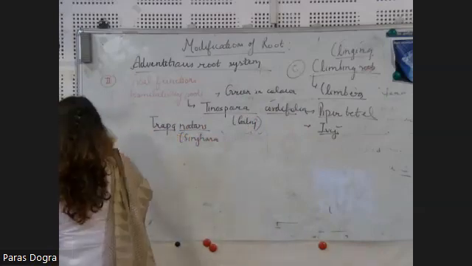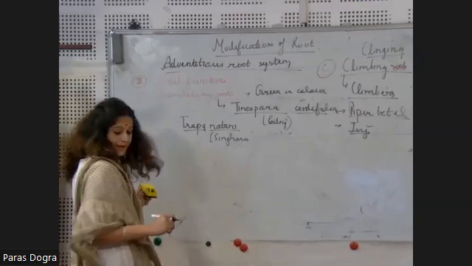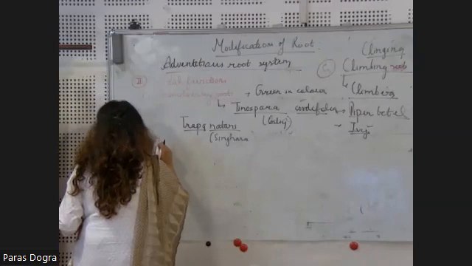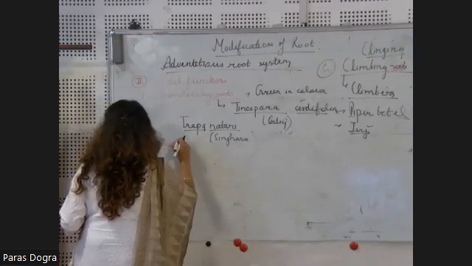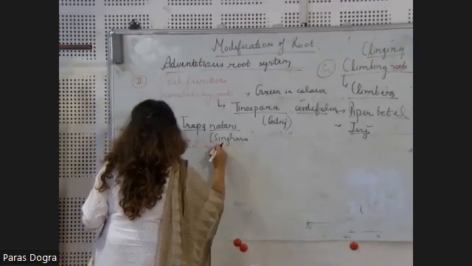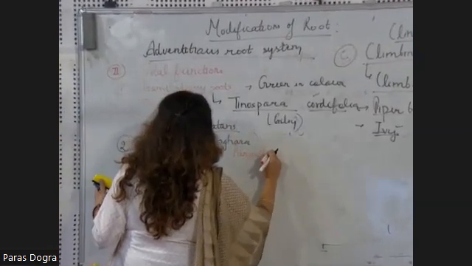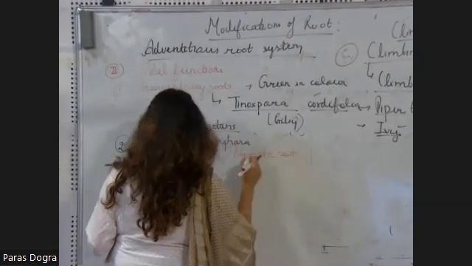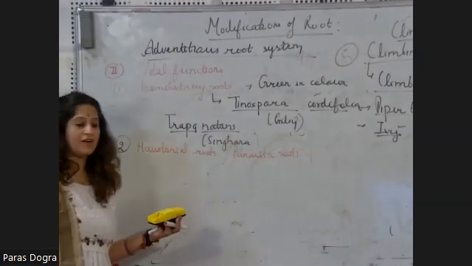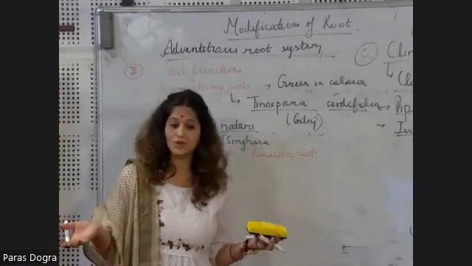The next category of adventitious root performing vital functions is pastoral roots, also known as parasitic roots. These are the roots which we find in parasites. Yes, even plants are parasites, as you know.